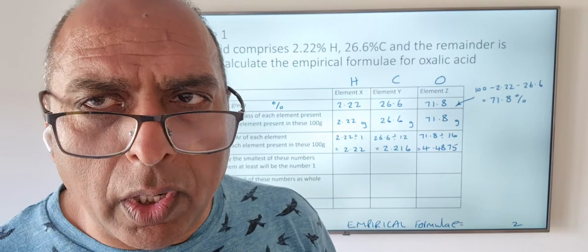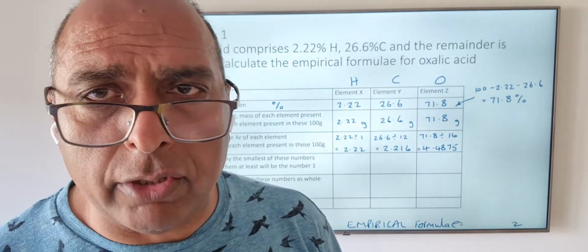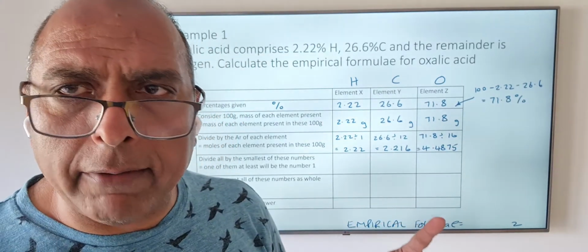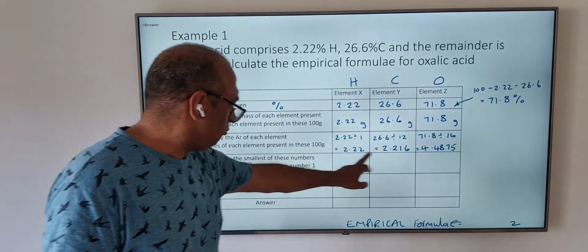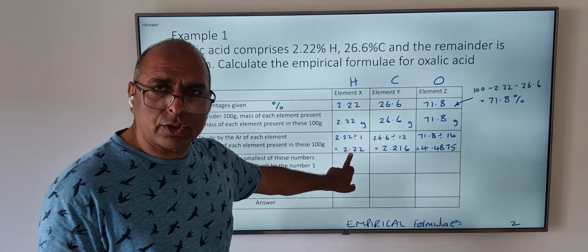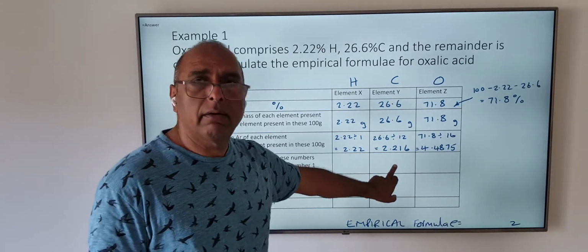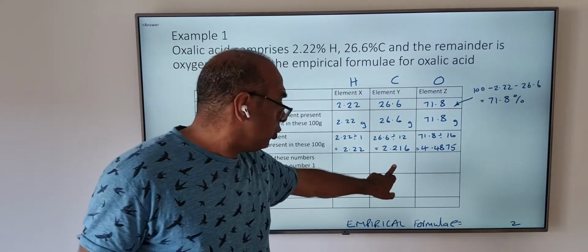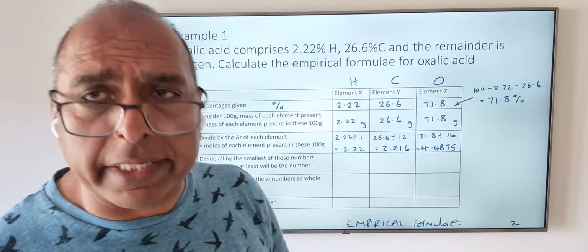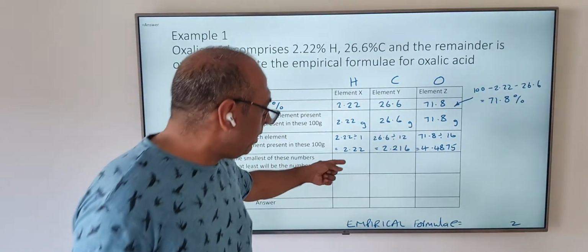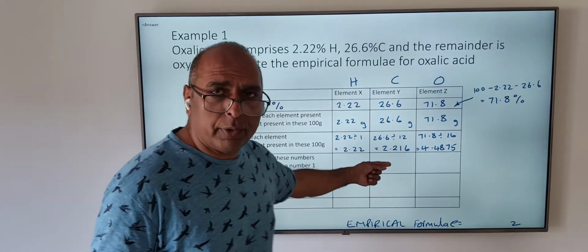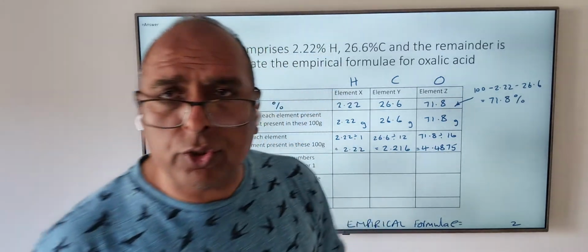So how do we work that out up to a whole number ratio? Remember me whispering on about divide by the smallest? That's the smallest. No, actually, that's the smallest. 2.216 is the smallest. So divide them all by 2.216.